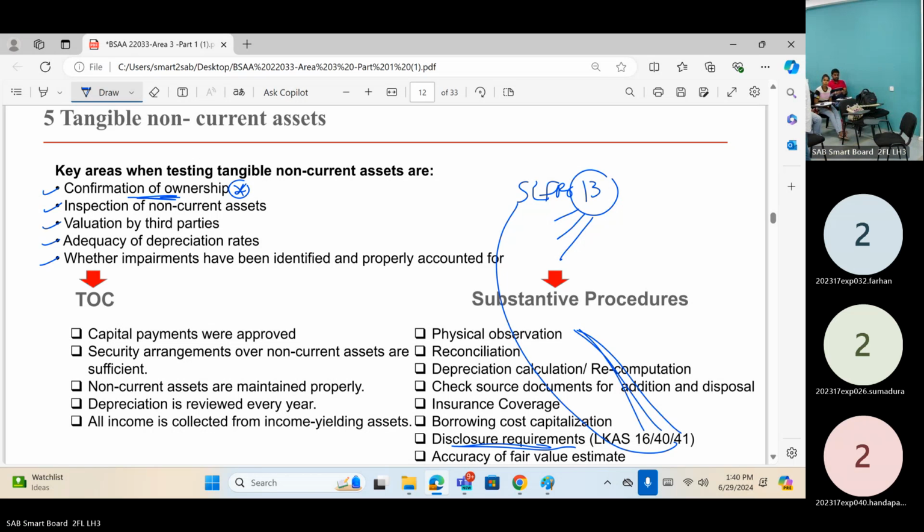If you are doing a hybrid approach, you've already completed TOC, and TOC says there's no control deficiency. So you selected a number of days, and every day these security people are there, CCTV are there, right? So we ensure that TOC are there. With this understanding, we started this physical verification.